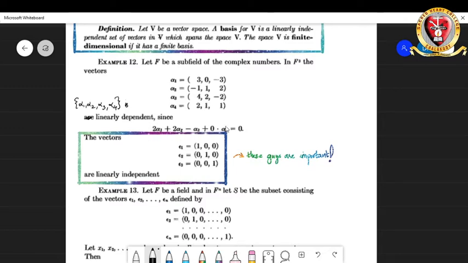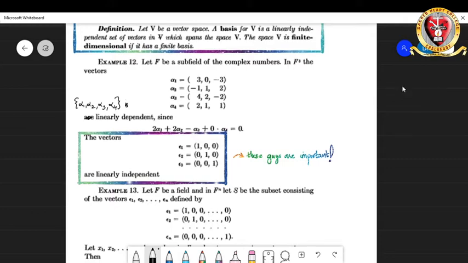That means we have a combination of them, right? That means alpha 3 can be written as a combination of the other two, or vice versa. So that satisfies our definition for linear dependence of the vectors.